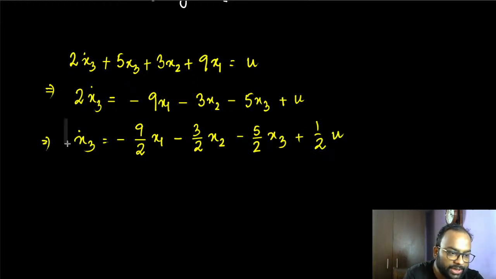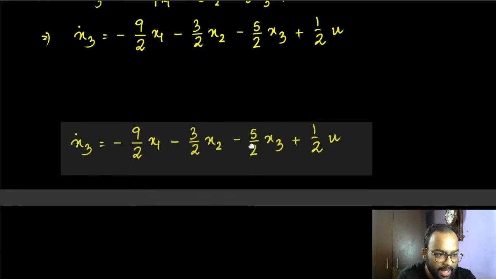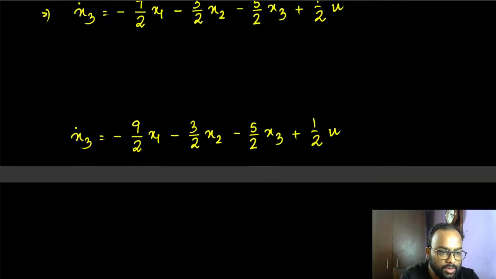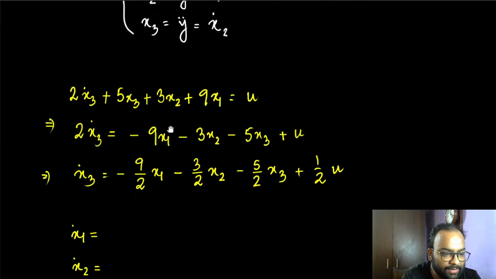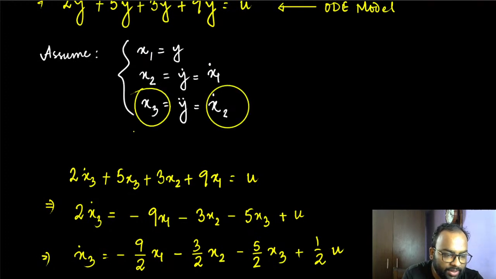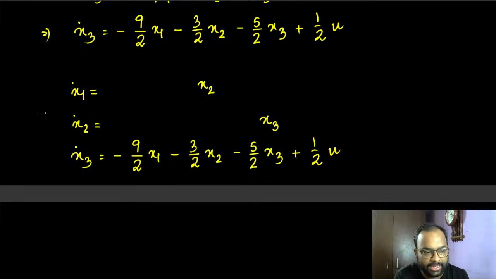Now this differential equation, along with the two preceding differential equations regarding the derivative of x1 and derivative of x2. Okay, so we also defined the derivative of x1, so x1 dot as x2 literally, and x2 dot as x3. So if we write this down, then what we have essentially is a set of three first order ordinary differential equations.